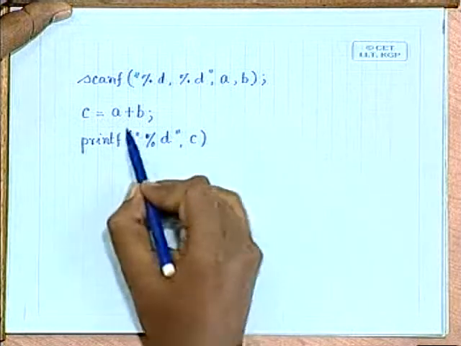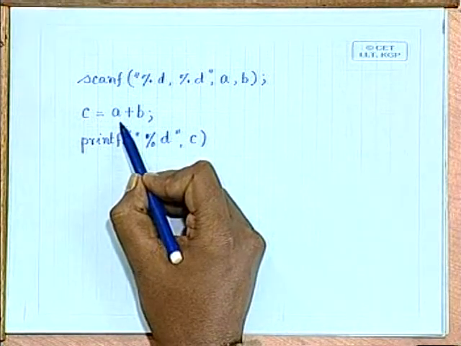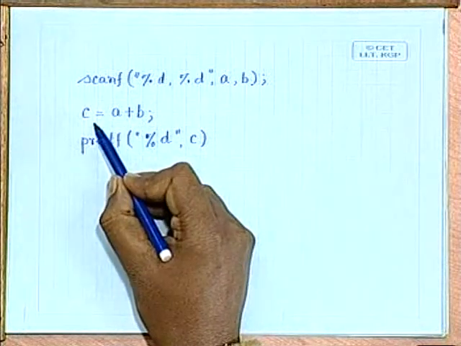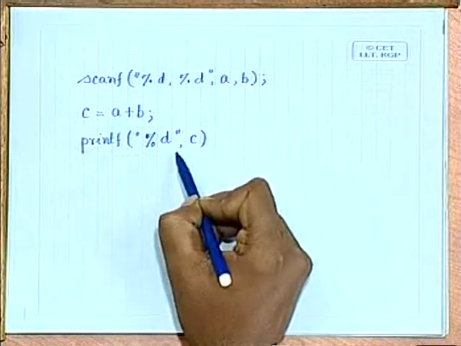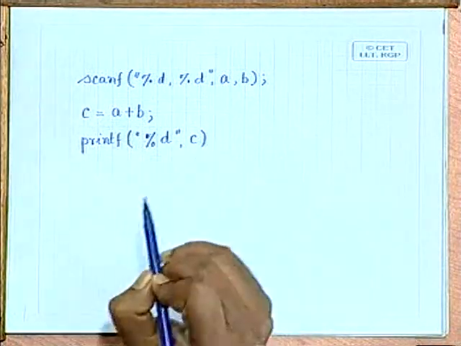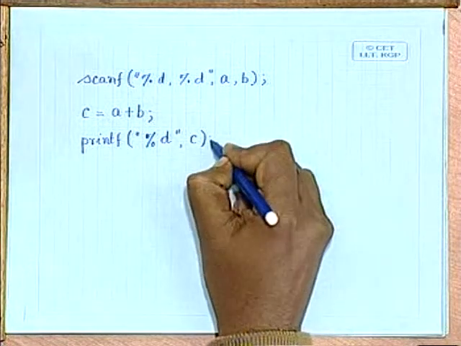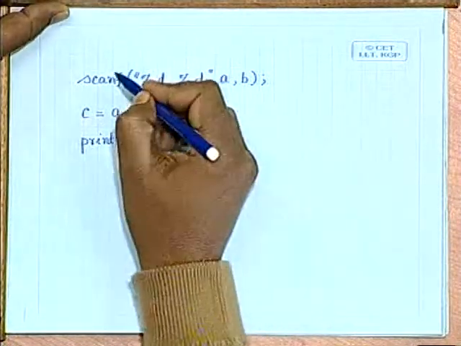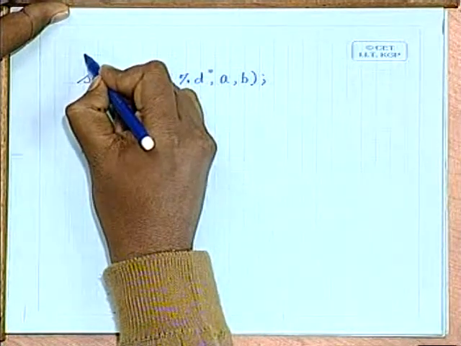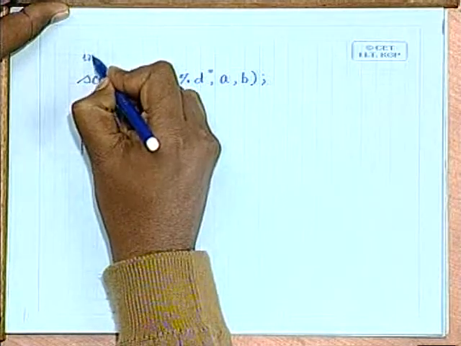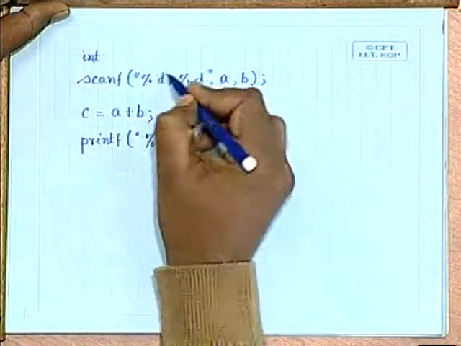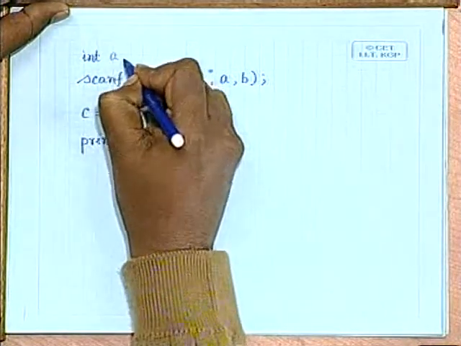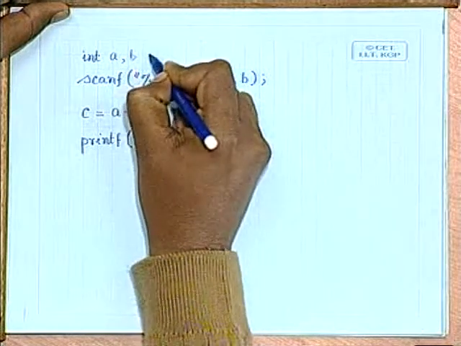Then we perform the addition of these two variables A and B, and the result is assigned to variable C, and then finally we would like to print the value of C. Of course, before this we have to declare the variables A, B and C. So, let us declare the variables A, B and C as integer variables.